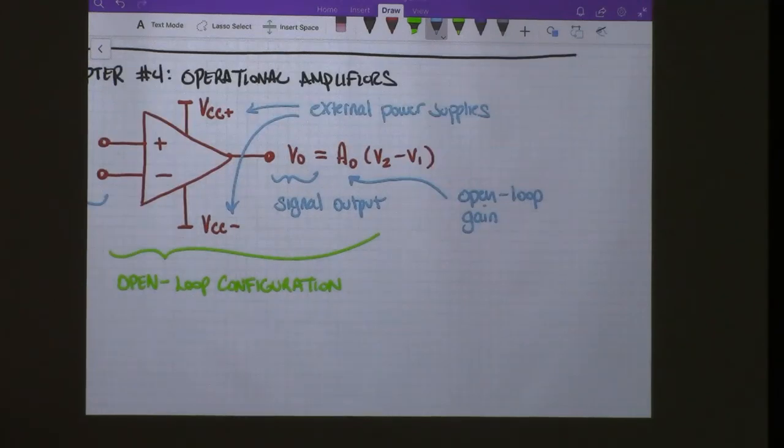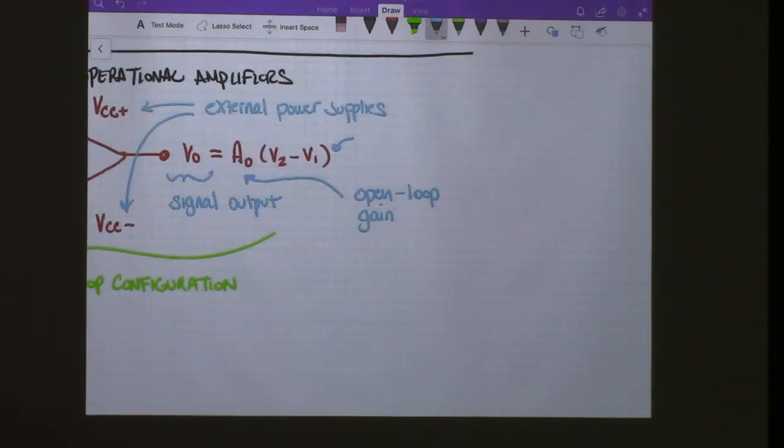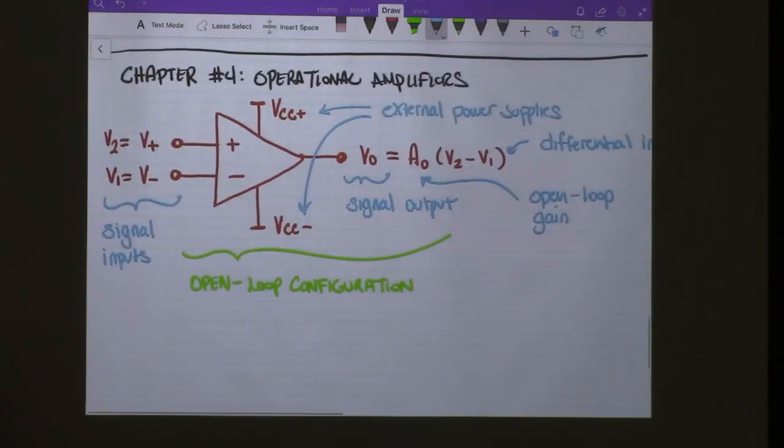And this right here, inside the parentheses, is called the differential input. Right, V2 minus V1.